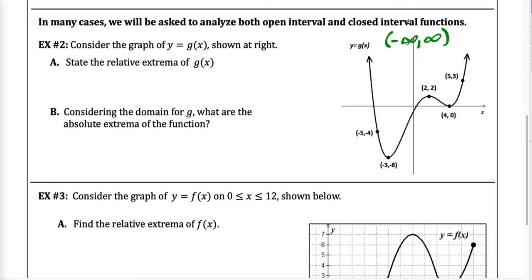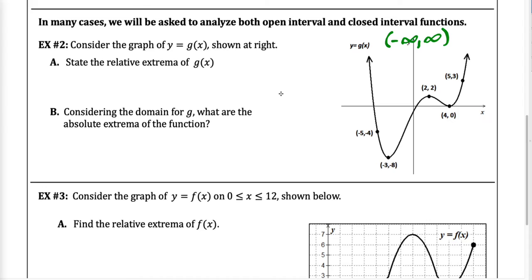So normally you're going to be asked for relative on open intervals, but then sometimes they ask you for absolute if you're looking at a whole function. In that case, you usually have to try to figure out somewhat what the function looks like. These questions are just going from this picture, though.